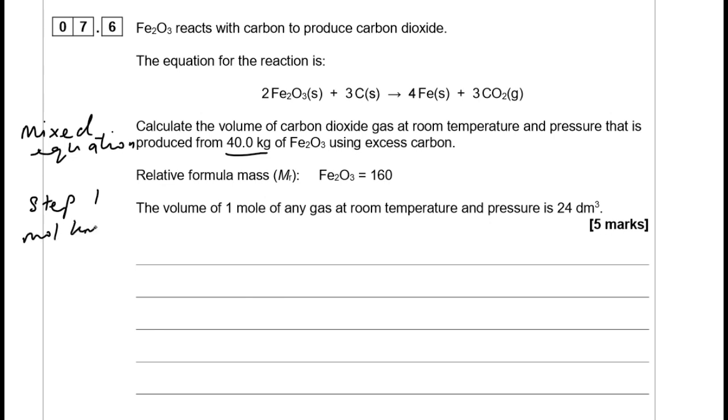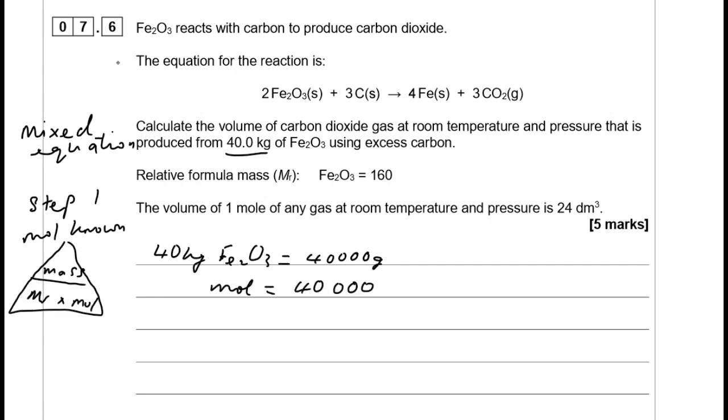So step 1 is, in most cases, moles of the known, right? So we use our formula triangle with Mr, moles and mass, but we need to have our mass in grams. So 40 kilograms, remember a kilogram is 1,000 grams, so 40 kilograms of Fe2O3 equates to 40,000 grams of Fe2O3.